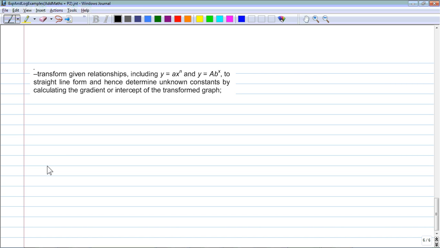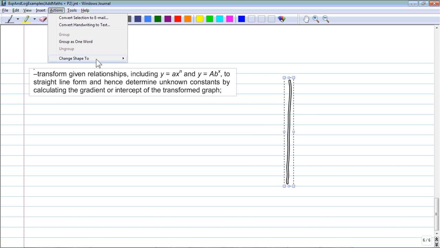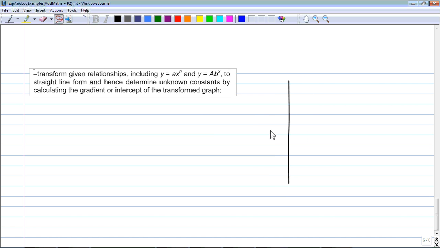Let's think about these graphs first of all. I'll start by drawing another big set of axes here. So let's do a nice big y-axis, and a nice big x-axis.